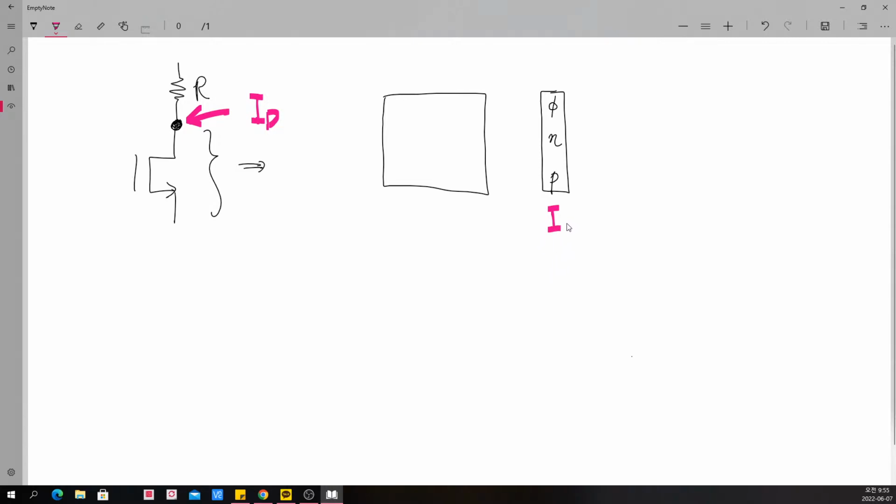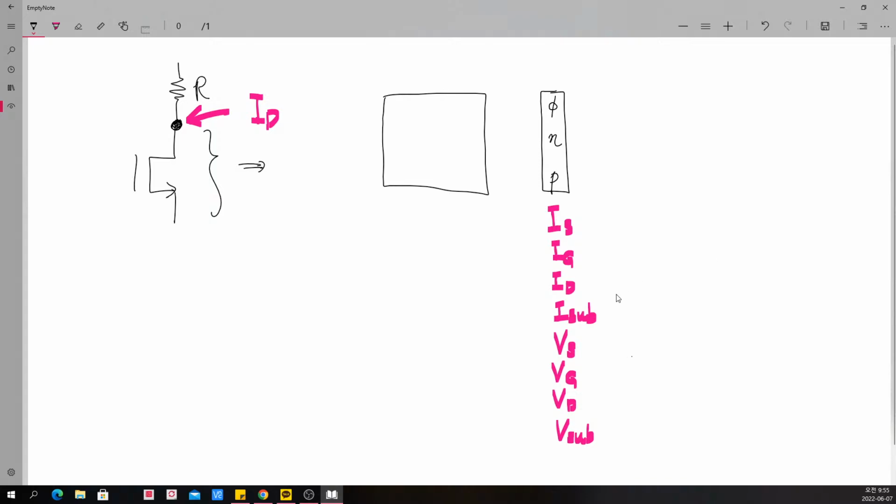There will be multiple currents: source current, gate current, drain current, and substrate current. And you also have to introduce source voltage, gate voltage, drain voltage, and substrate voltage. Now you have introduced four different quantities for your four terminal device.